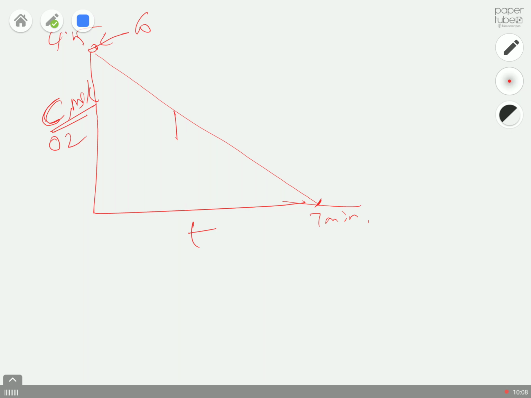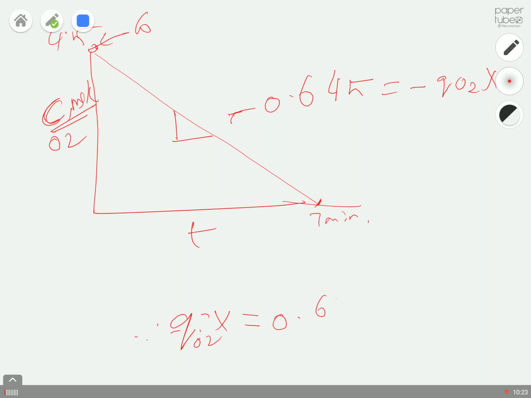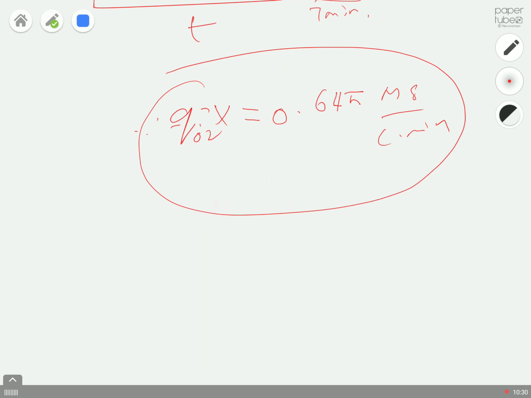Then the slope value will be equal to minus 0.645, which is equal to minus qO2 multiplied by X. Therefore qO2 multiplied by X will be equal to 0.645 milligrams per liter per minute. So that's how you calculate your oxygen utilization rate.